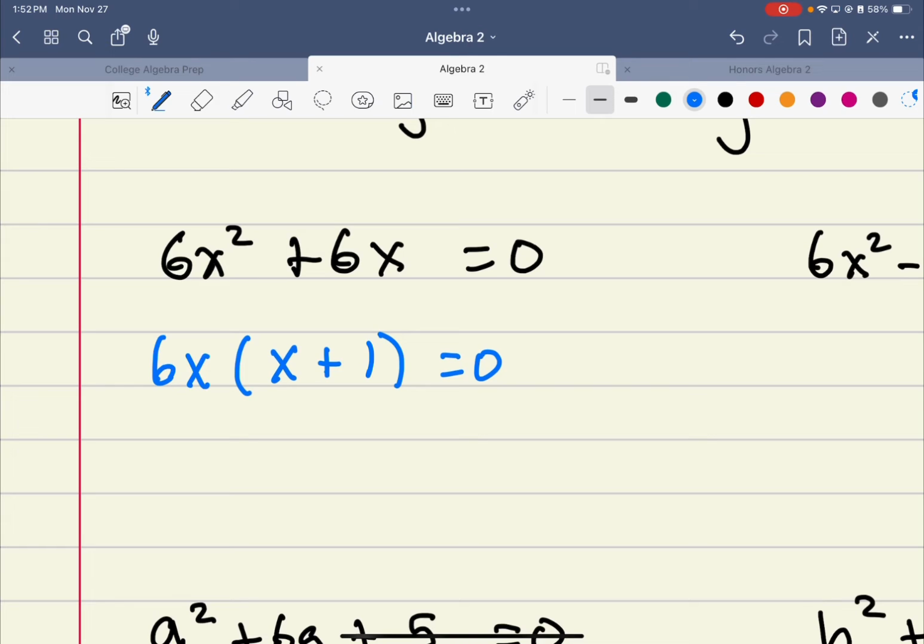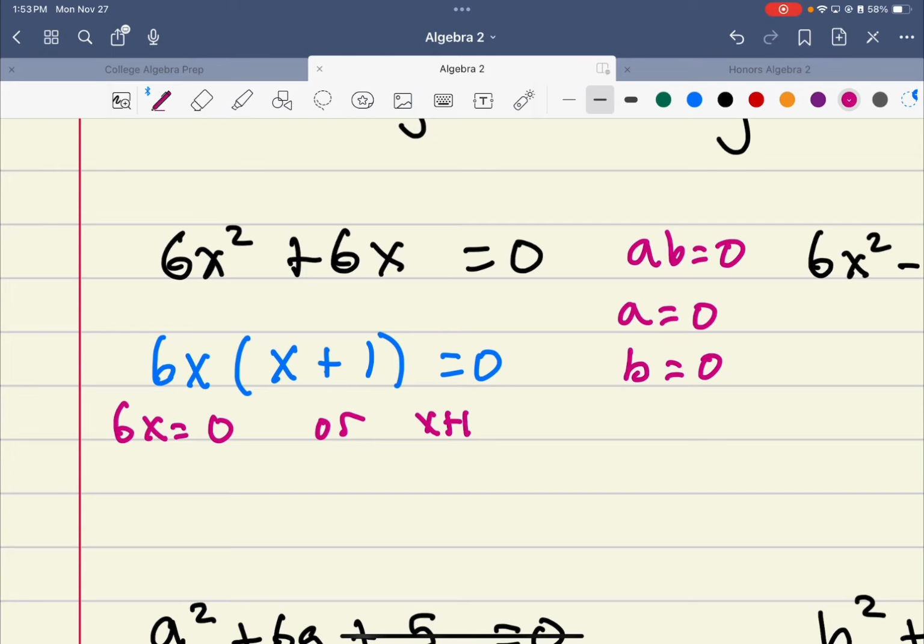So now we use the zero product property. Zero product property said that if A times B equals 0, then A has to equal 0, B has to equal 0, or both A and B are 0. So we said both parts equal to 0. So 6x has to equal 0, or x plus 1 has to equal 0.